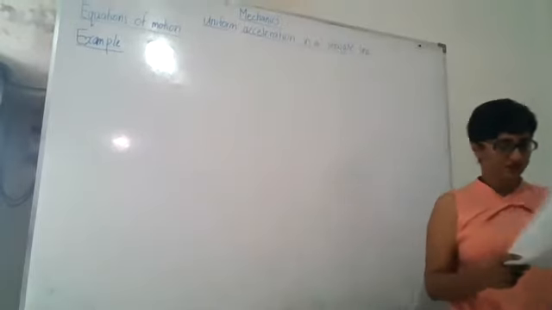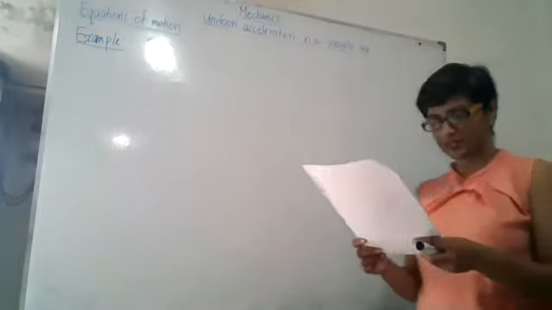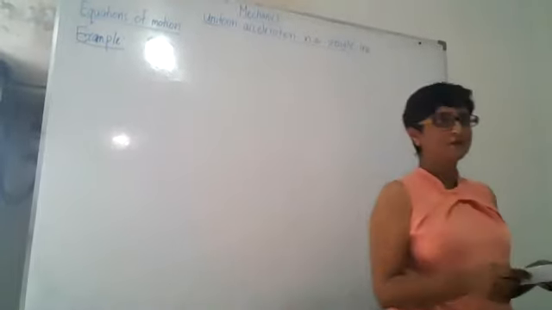Let's consider an object held 8 meters above the ground that is thrown vertically upwards at a speed of 50 meters per second. The object finally reaches the ground.